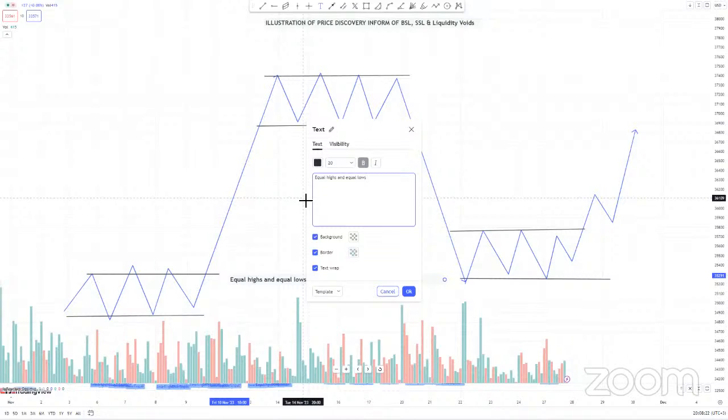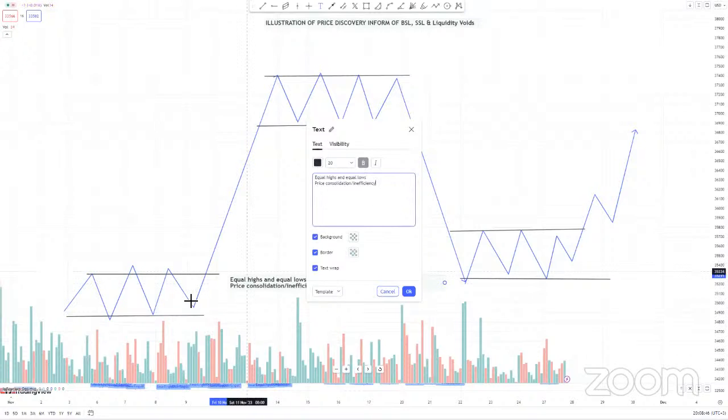We also have price consolidation, okay, or inefficiency. Why I'm calling it inefficiency here is because we have price moving higher and lower, higher and lower.